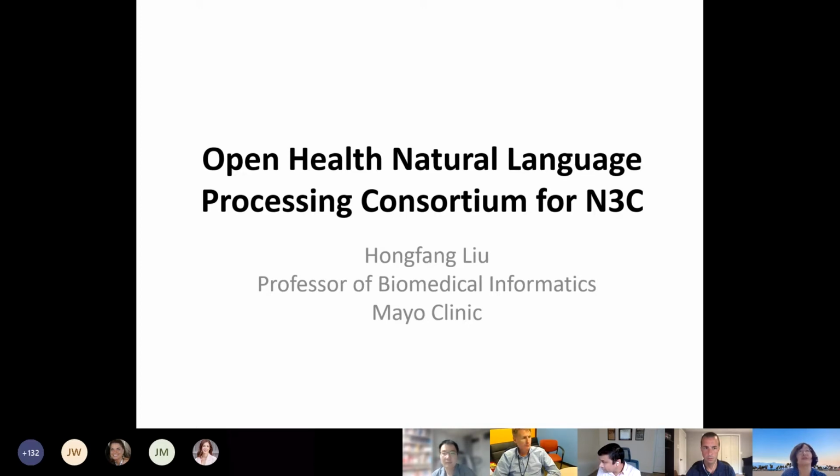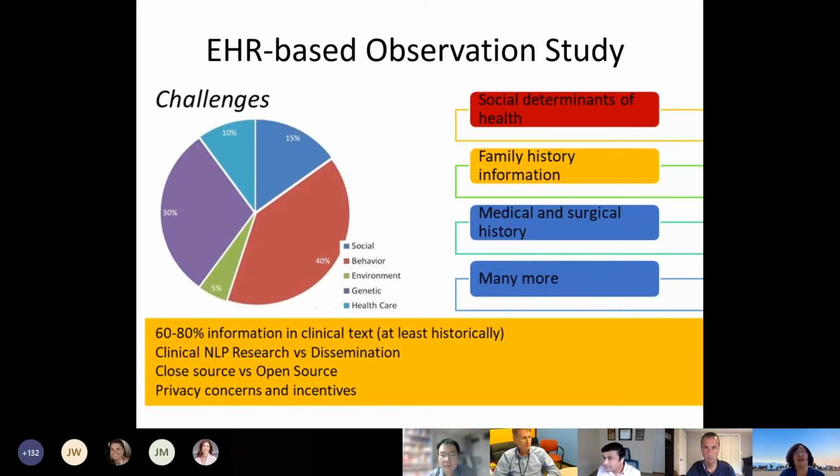So for EHR-based observational study, many of you know that there are challenges associated with it, mainly due to major critical data points like social behavior information, genetic information, family history information. All those are in the clinical text.